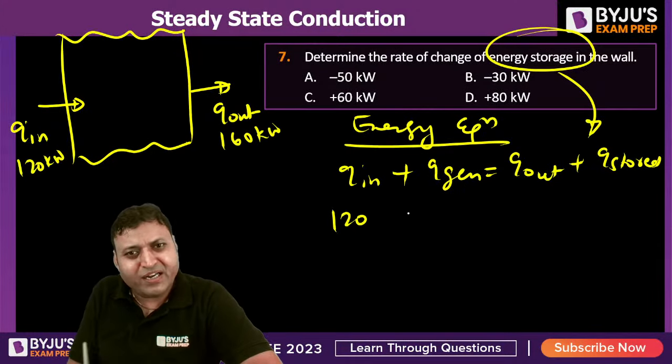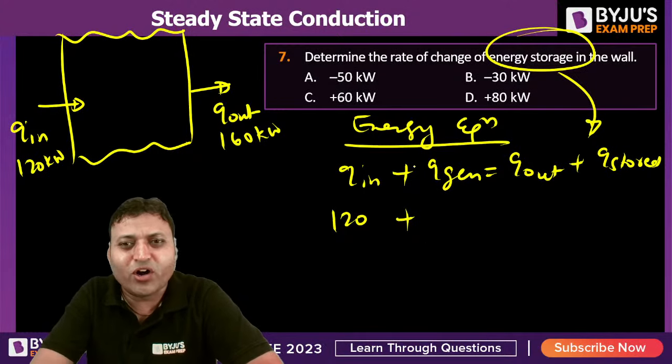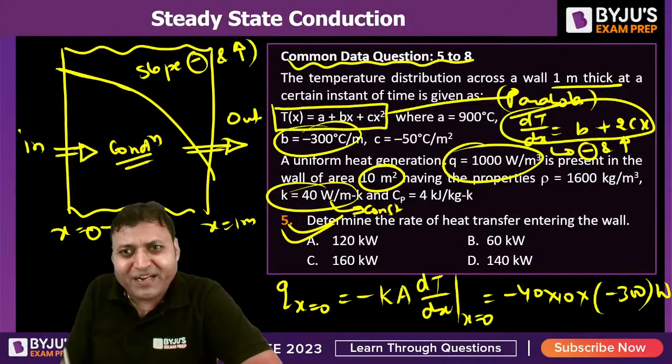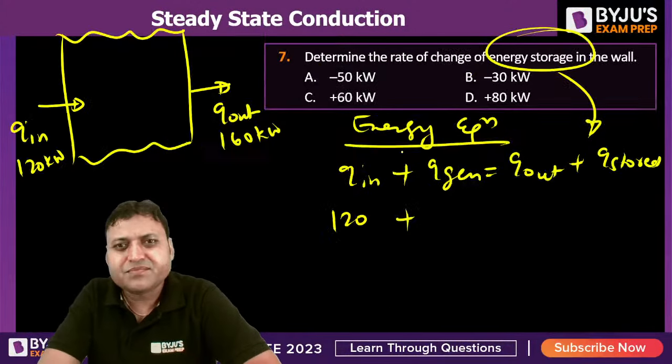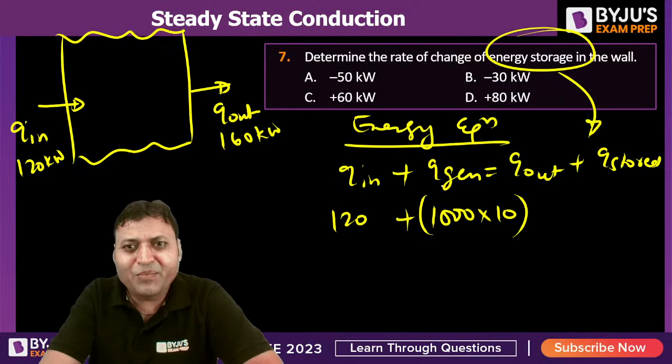Q in is 120 plus what is the value of Q generation? Q dot into volume. The rate of uniform heat generation is 1000. It will be 1000 into 10.